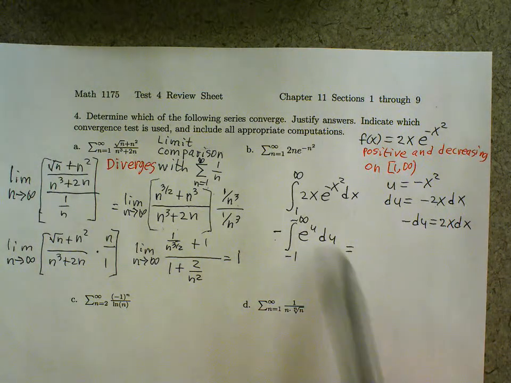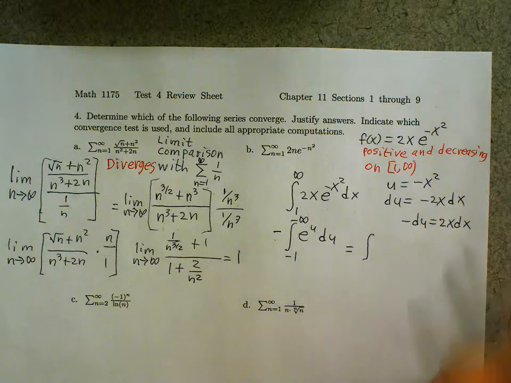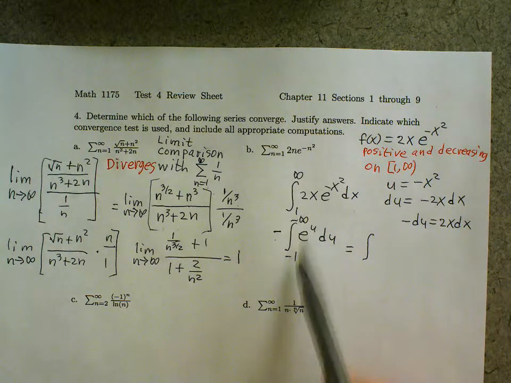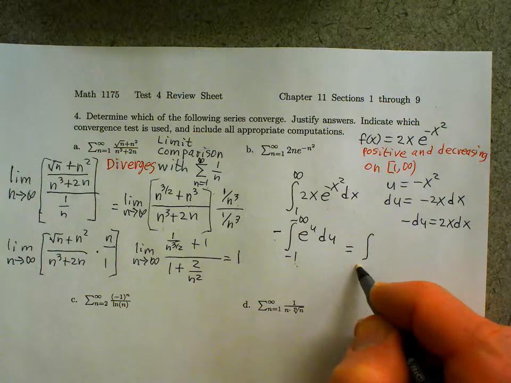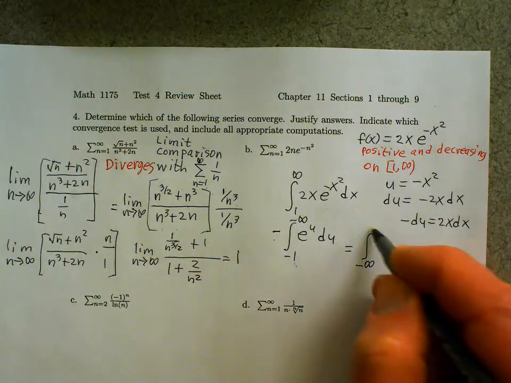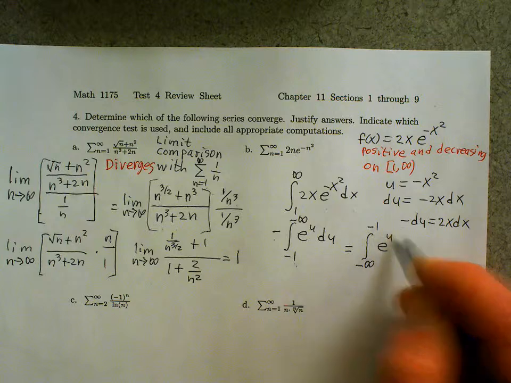Using a property of integrals, we can change the negative to a positive if we switch the limits of integration around. So the lower limit will be negative infinity, the upper limit will be negative 1, and then e to the u du.